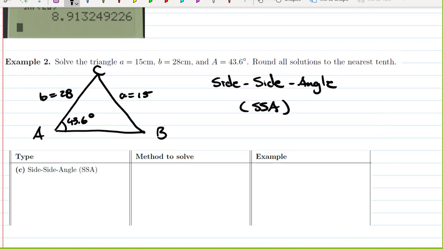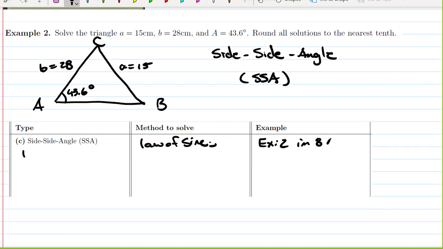So this is going to be example 2 and 8.1, and it's going to be law of sines. But it's got some notes: there may be 0, 1, or 2 triangles.